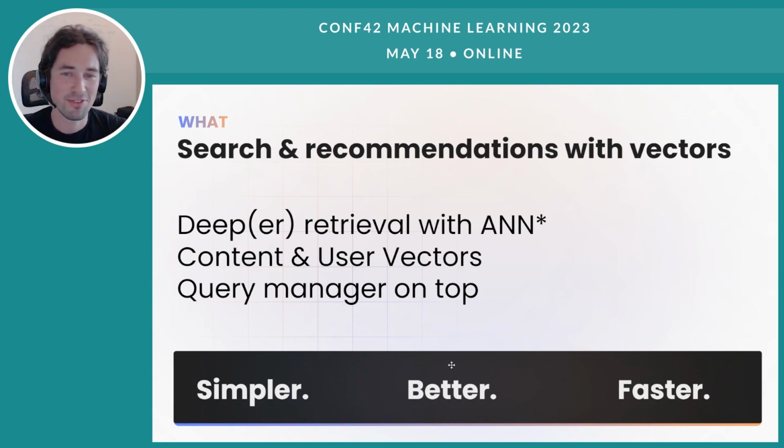The benefit of this is that the whole stack is much simplified, because you basically just have the retrieval. You don't rely on candidate retrieval up front, which probably misses a lot of the stuff you actually wanted to recommend, and then ranking.